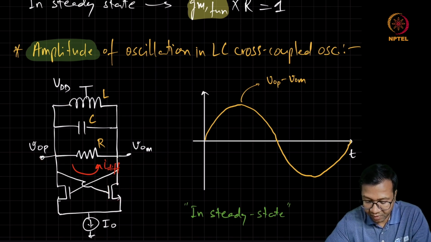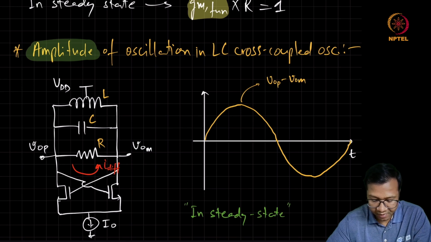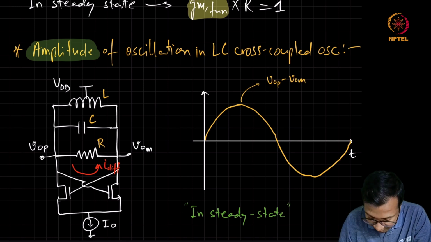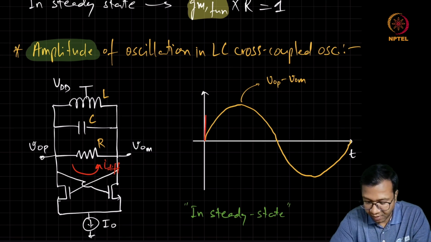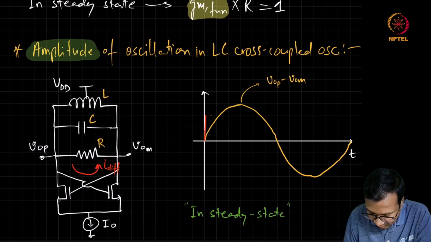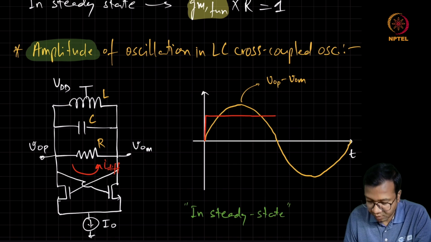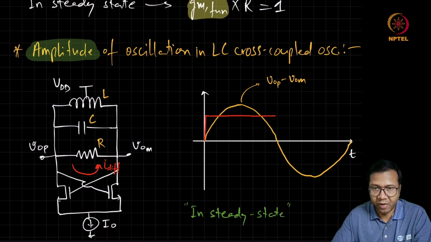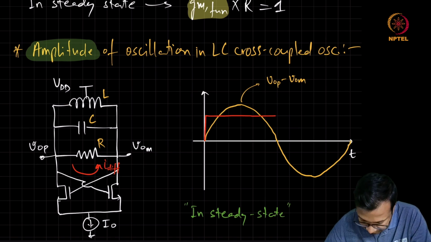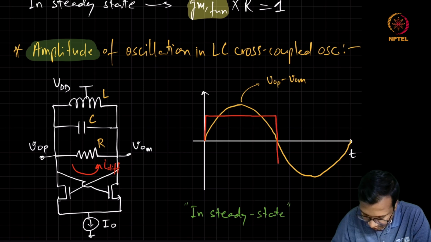So in an approximate manner, we can say that the current is going to look like a square wave, where the current will try to increase near the zero crossing of the differential output, but after that it is going to stop increasing. Here we are just approximating it with a square wave, and similarly on the other side.